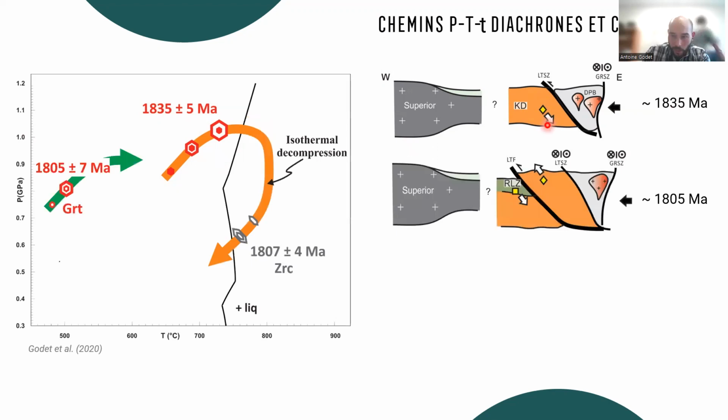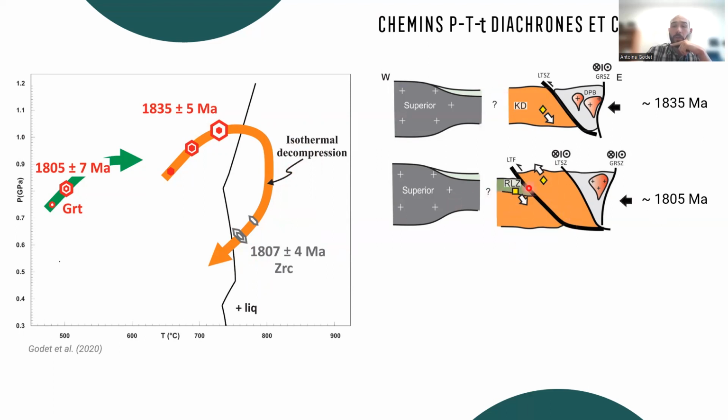The next record is at about 1805. At that time, we had first deposited the foreland basin, the Rachel-Laporte zone. We were exhuming the supracrustal sequences from the Kuujjuaq domain. We have zircon that we interpret as retrograde that followed isothermal decompression, like I just said, in the Kuujjuaq domain.